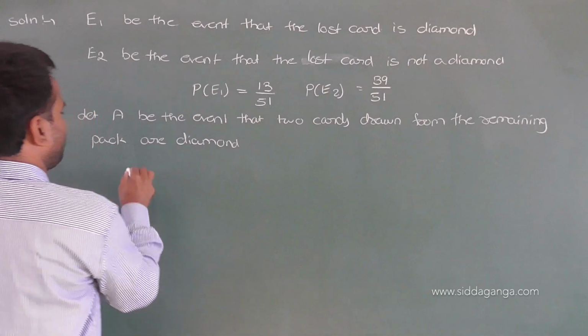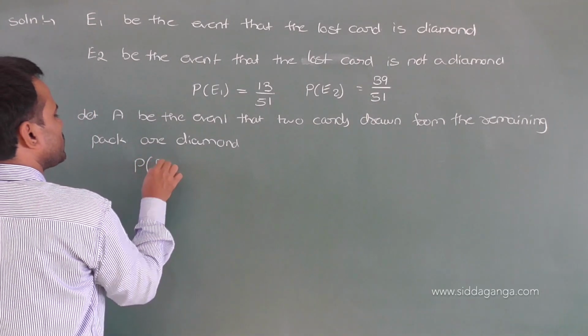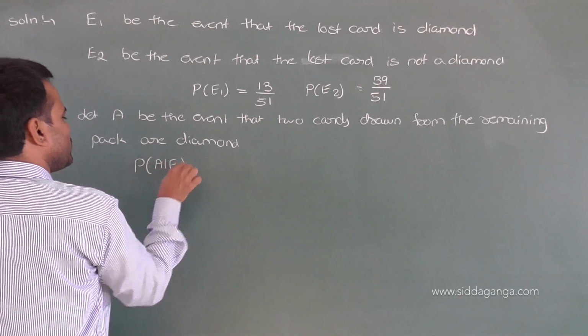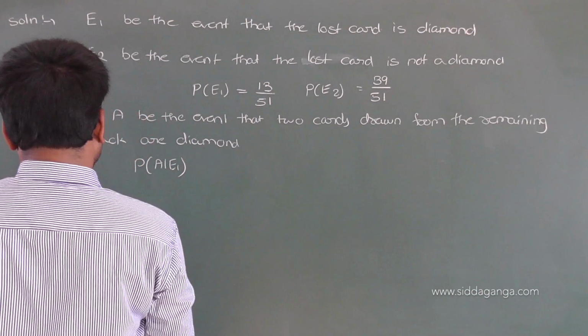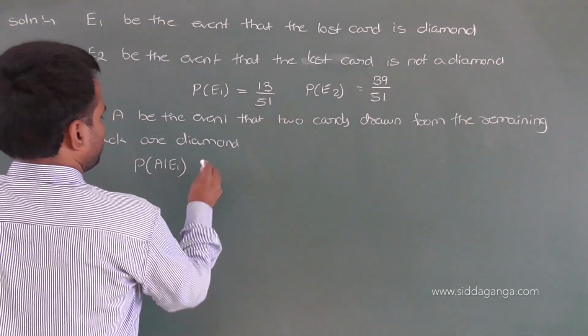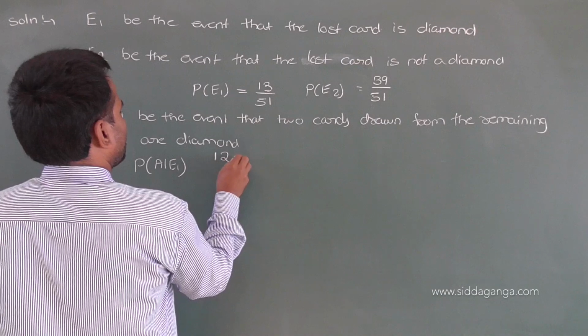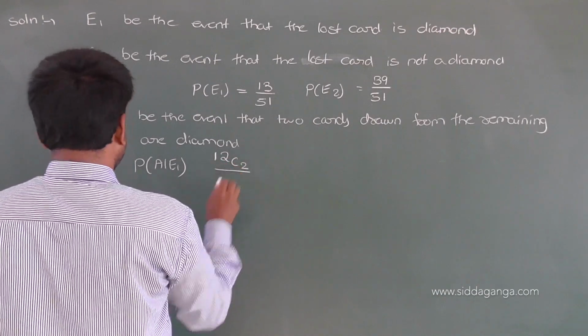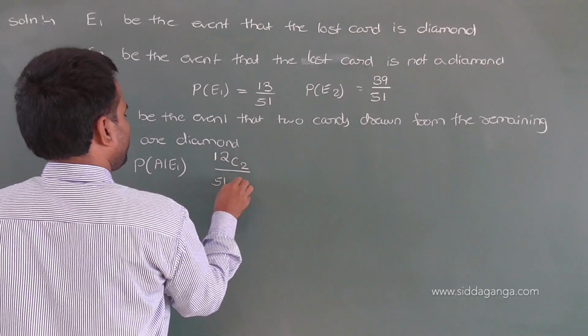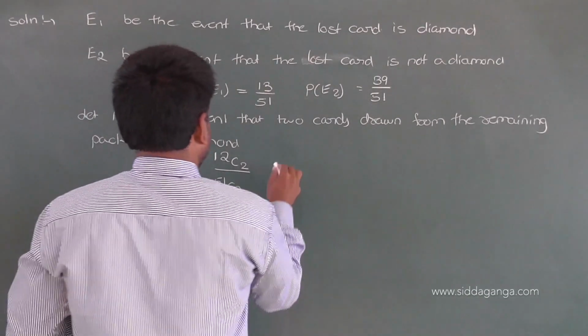Then probability of A given E1. One card is lost, so 12C2 divided by 51C2.